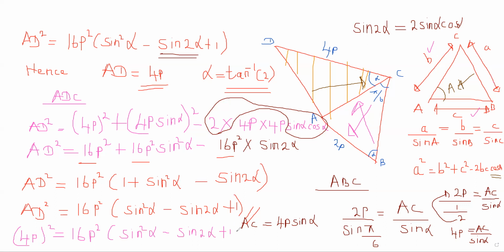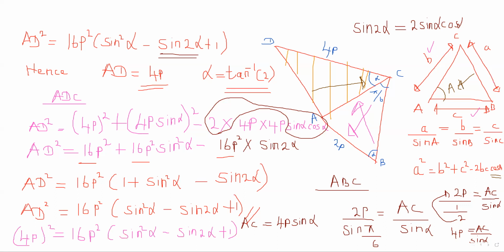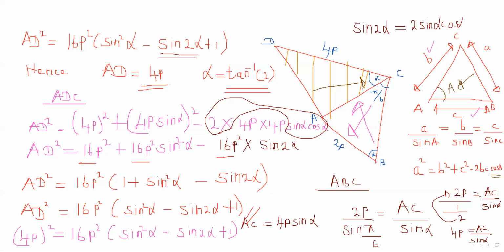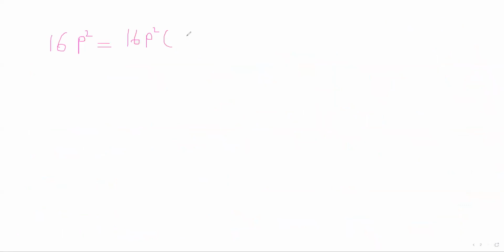When you square 4p, you get 16p squared. So here we have 16p squared times sine squared alpha minus sine 2 alpha plus 1.